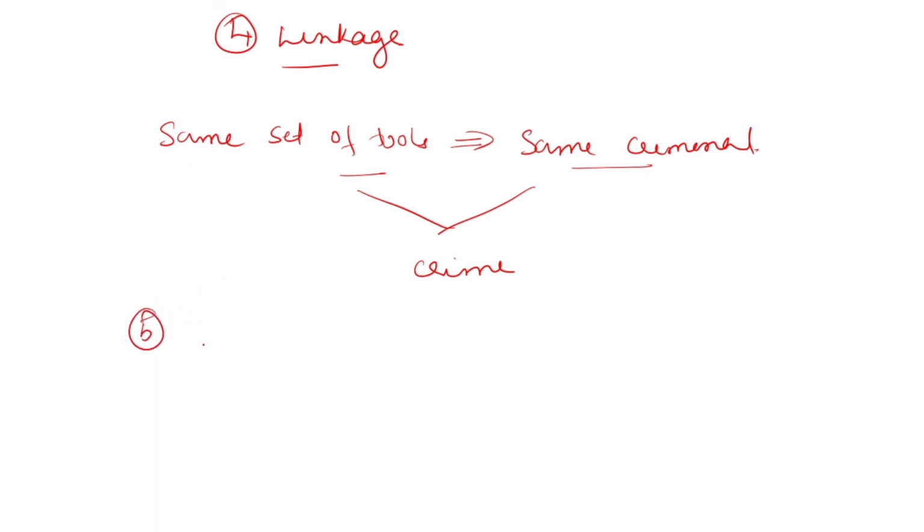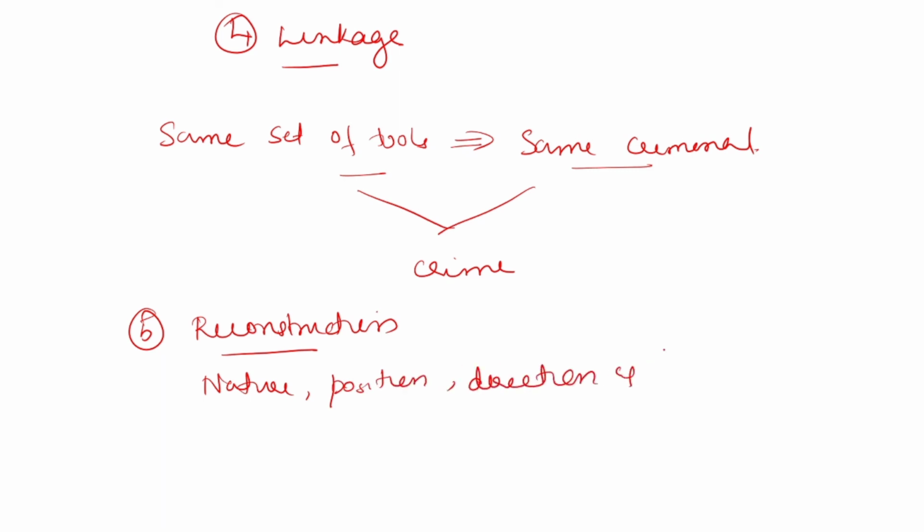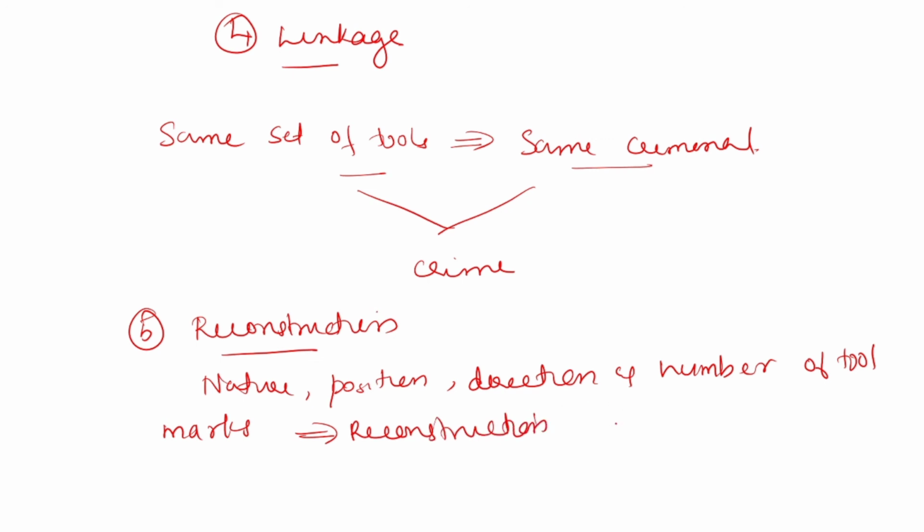And then the fifth one is reconstruction. Careful study of the nature, position, direction, and number of tool marks helps in the reconstruction of the crime, and thus it is possible to verify the prosecution and defense versions of the crime.